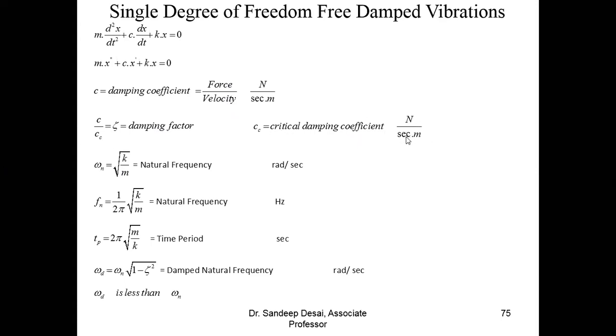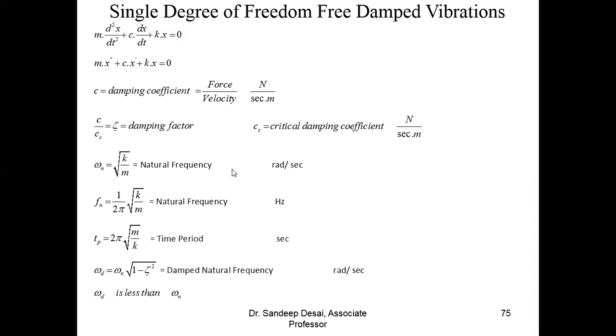Its unit is Newton second per meter. The ratio of the actual damping coefficient C to the critical damping coefficient Cc is called zeta. Zeta is the damping factor or damping ratio, which is unitless. It is the ratio of the actual damping coefficient and the critical damping coefficient. Both have the same unit, Newton second per meter.